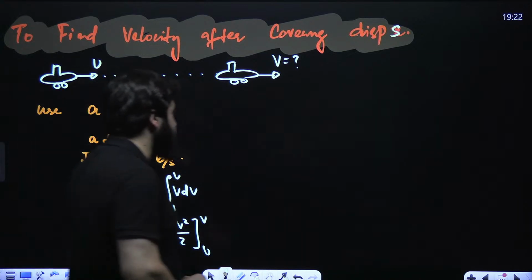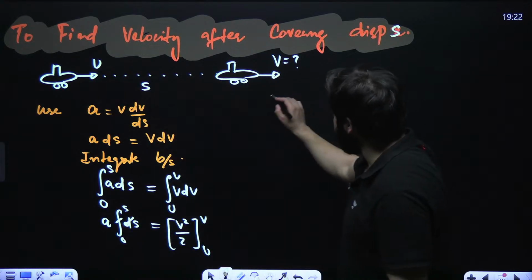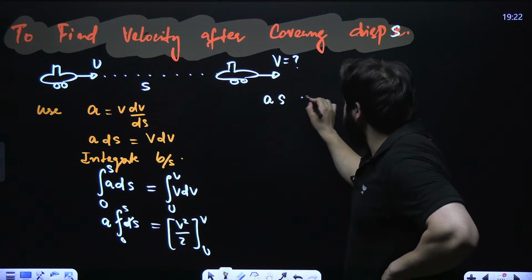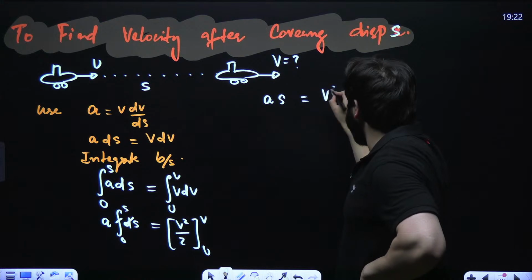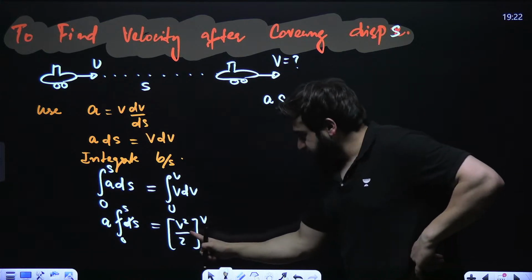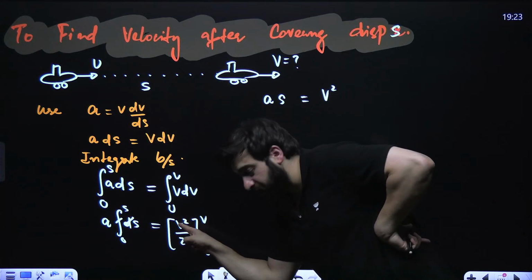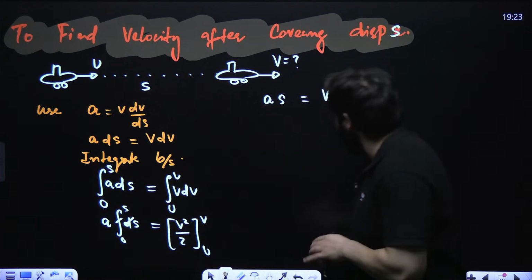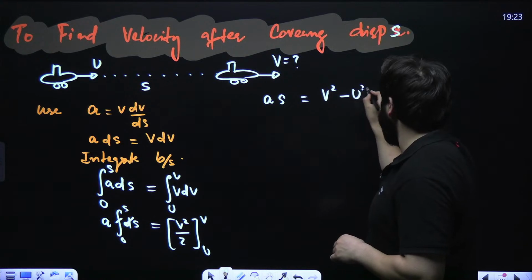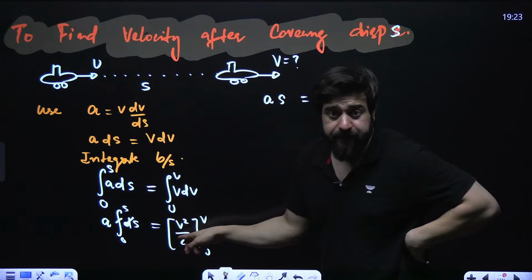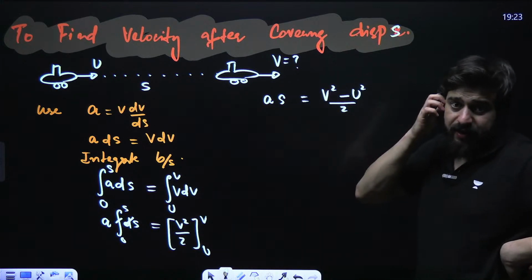So it is A into S. See guys, this is V square by 2. First you put in the upper limit V, then minus the lower limit. So it will be V square minus u square divided by 2, because we put first the upper limit, then the lower limit.